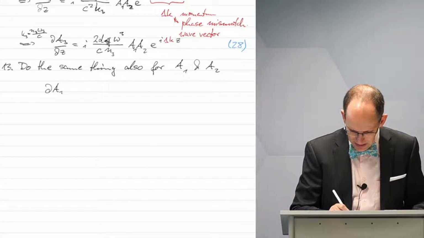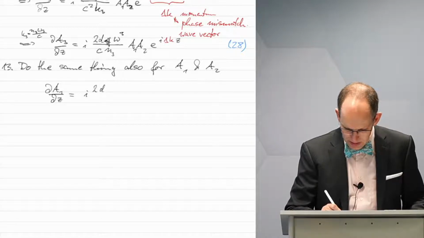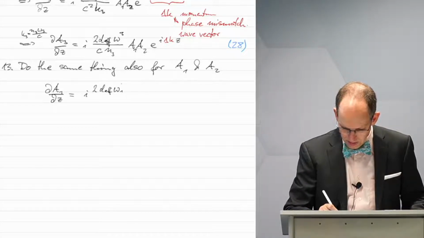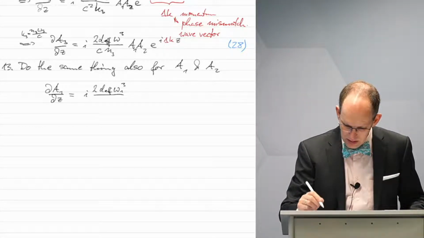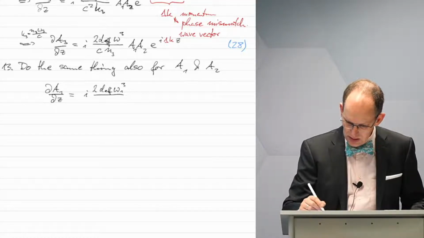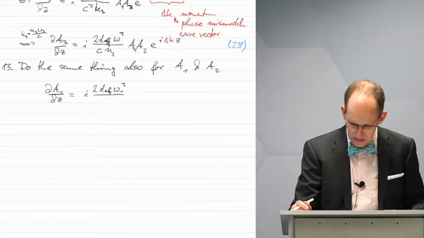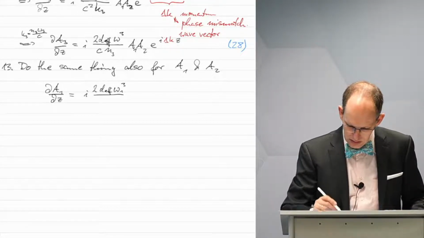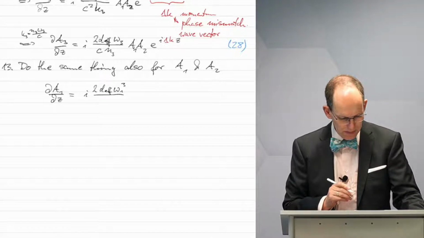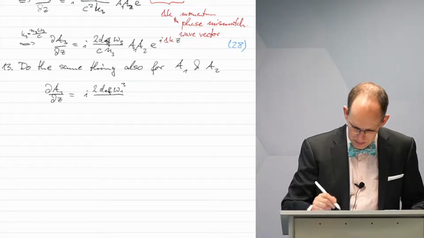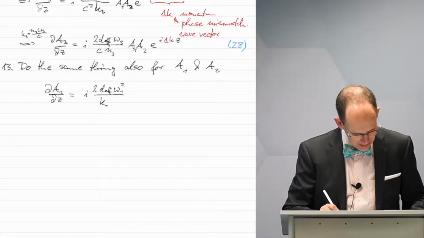Then we get dA1 over dz is equal to i times 2 times the effective nonlinearity, omega 1 squared. Yeah. So this is actually wrong here. What I meant and what I probably said was omega 3, and the same mistake here. Squared divided by k1 c squared.